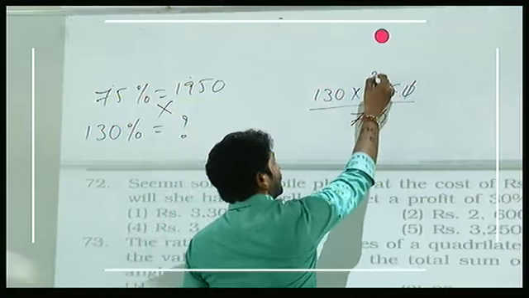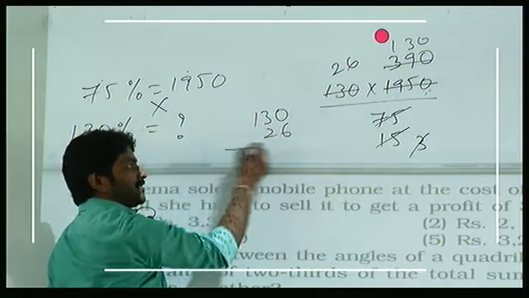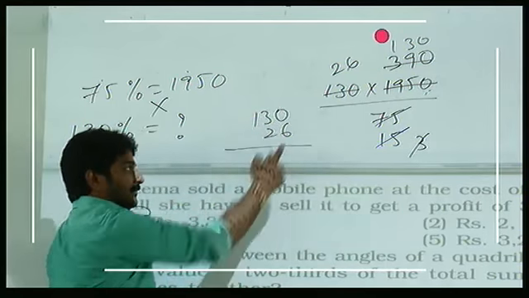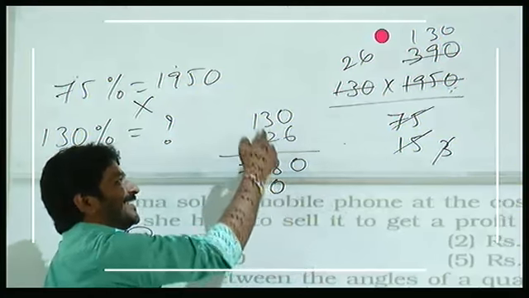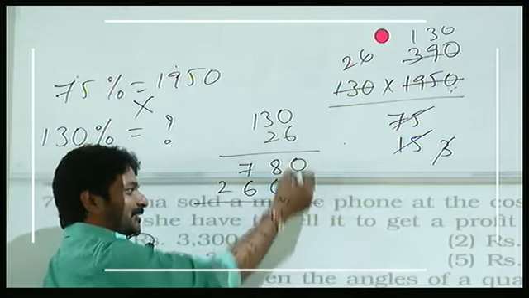Again cancellation with 5. 3 times, 5 3 times, 130 26 times. 6 3 is 18, 1 carry, 6 plus 1 is 7, second number, so 1 place leave, 1 place here. 0, 6 times, 2 times, add everything, 0, 8, answer is 3380.